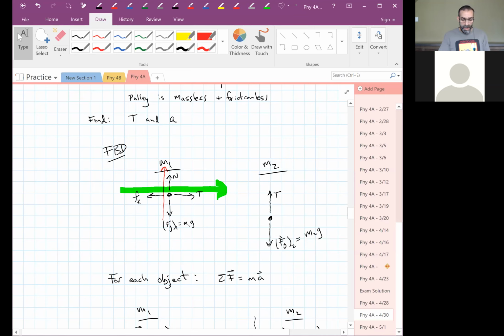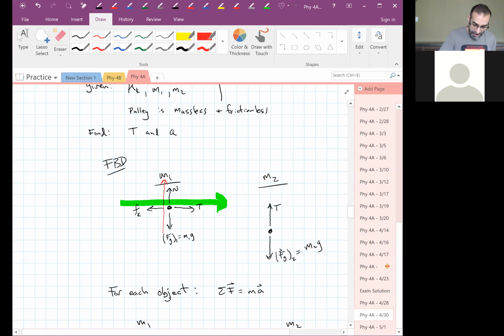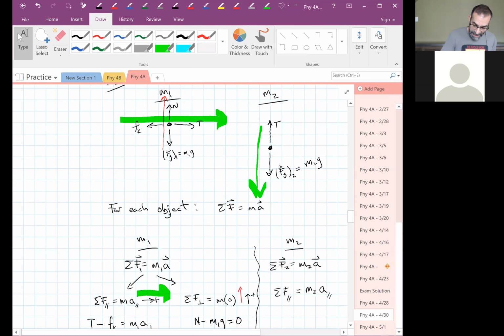So when M1 goes to the right, I said that's my positive direction. When M1 goes to the right, what does M2 do? It goes down. So down has to be my positive direction for M2 if I want my accelerations to be the same. And I do. So I'm going to pick down, because really what's happening here is this is all one motion.